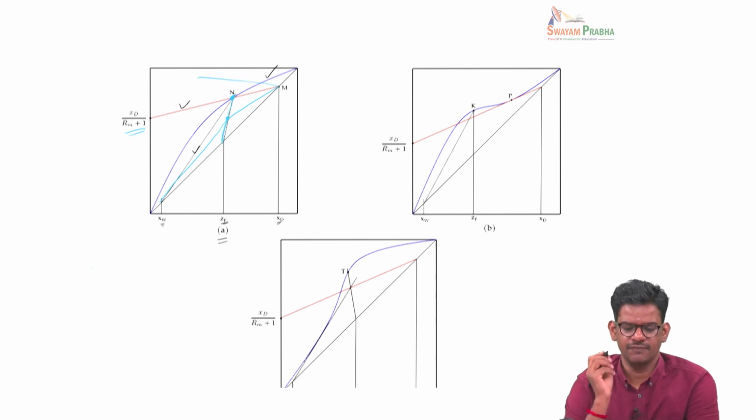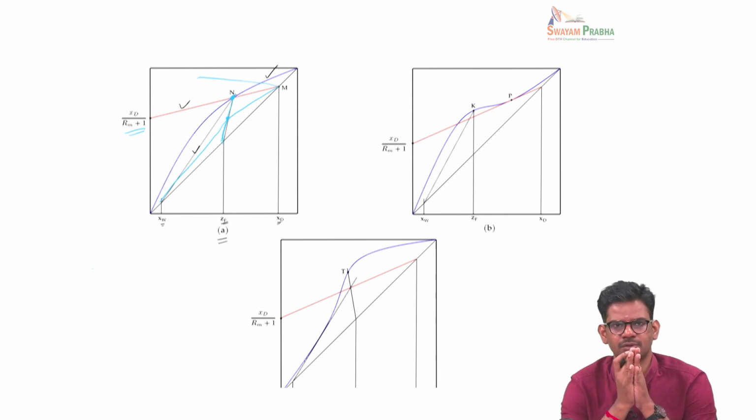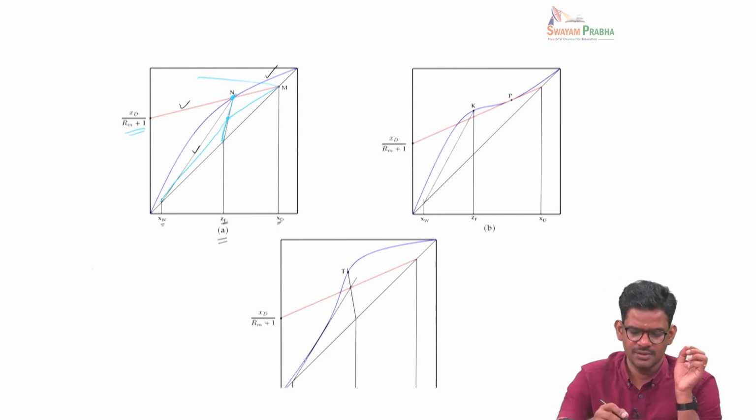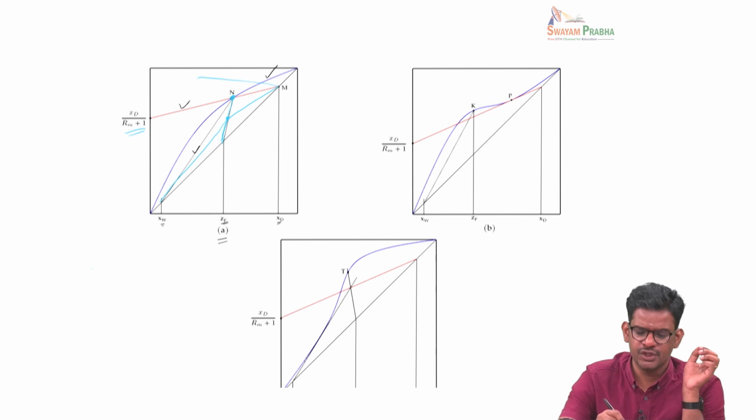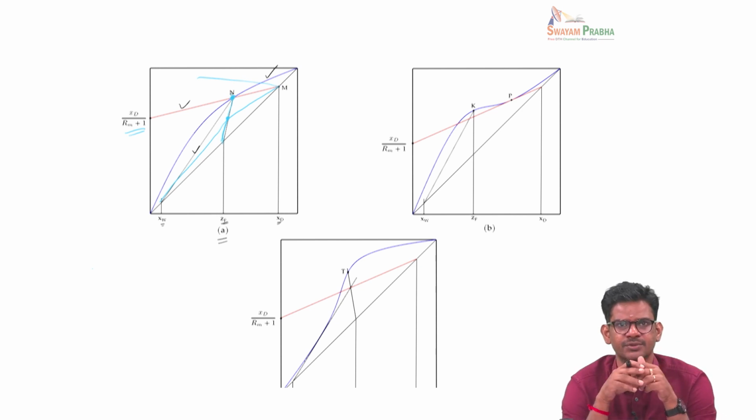So we obtain a minimum reflux ratio by drawing an enriching line such that it passes through the intersection of the Q line and the equilibrium line. That corresponds to the minimum reflux ratio.